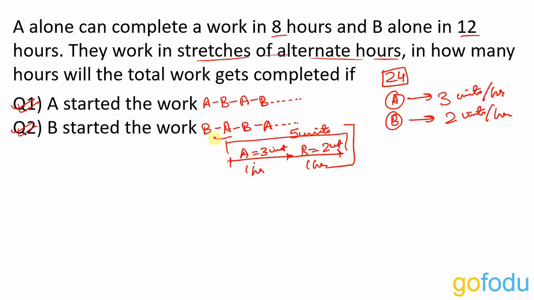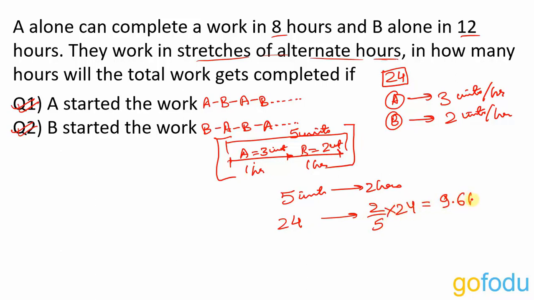So 5 units of work is done in 2 hours. That means the total 24 units will be done in 2 upon 5 into 24, that is 9.6 hours. Now this answer is wrong.